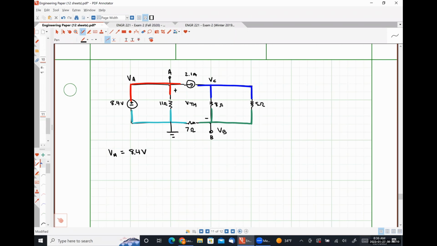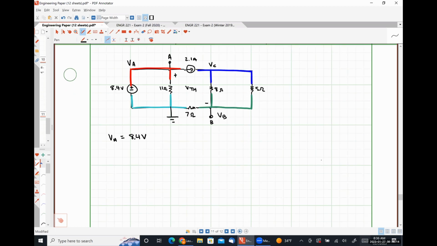Now we're going to write a KCL equation for B and a KCL equation for C. KCL at B is going to look like VB over 7 ohms plus VB minus VC over 8 ohms plus VB minus VC over 5 ohms is equal to 0.